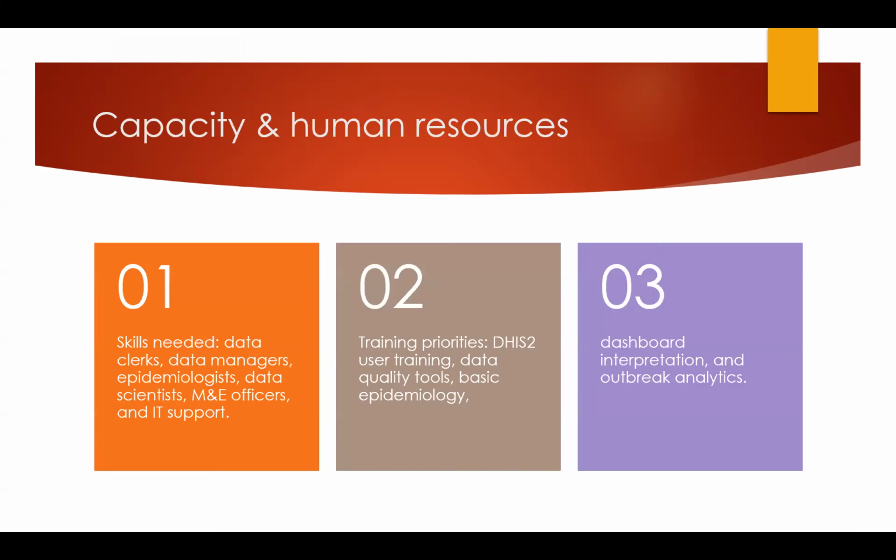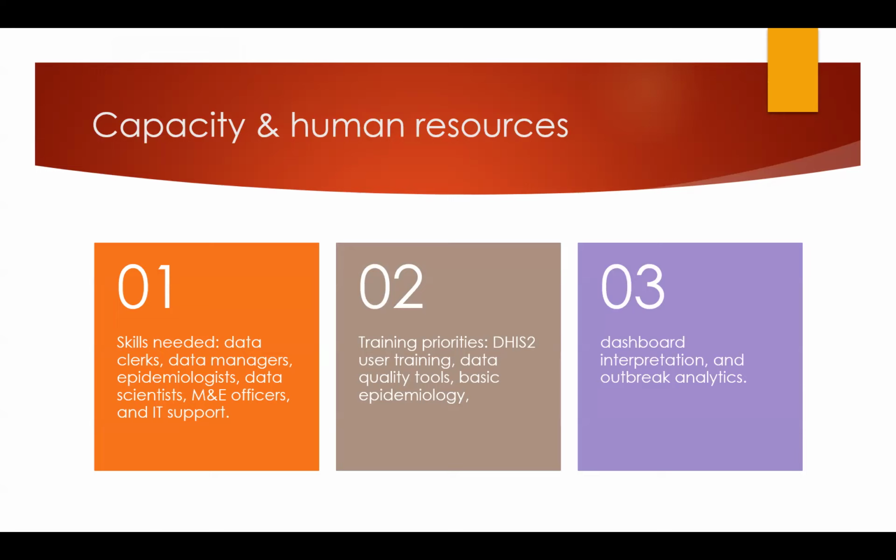Capacity and human resources. Skills are needed, for example, data clerks, data managers, epidemiologists, data scientists, monitoring and evaluation officers, and IT support. Like in the Institute of Public Health, we recently had training of data entry operators, who were doing data entry particularly in cases of dengue and other such diseases.